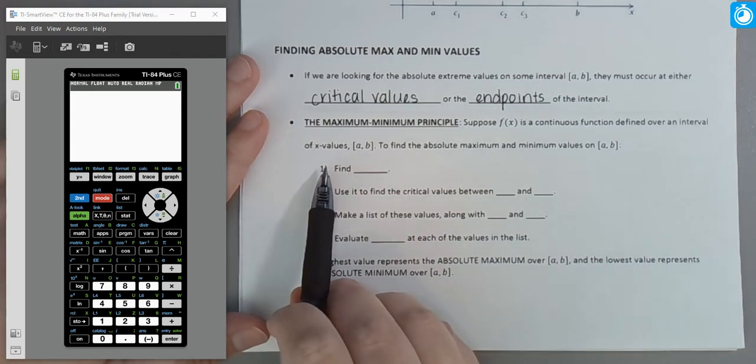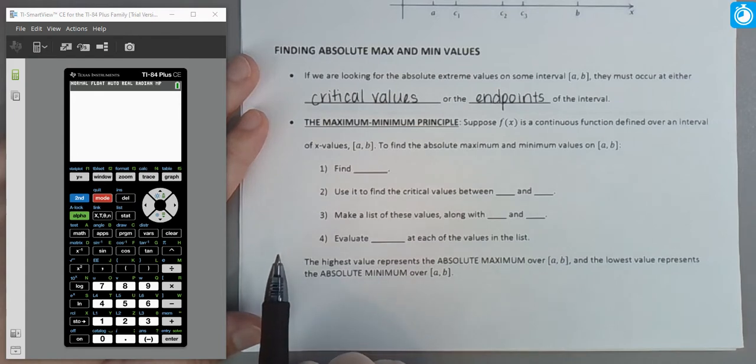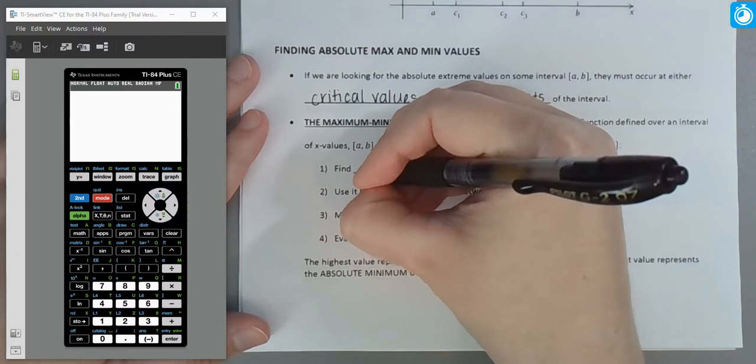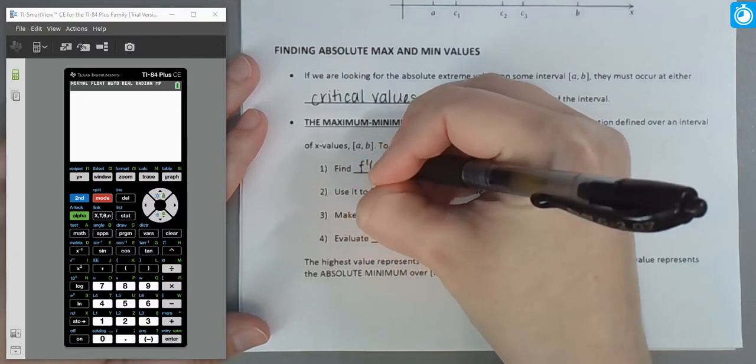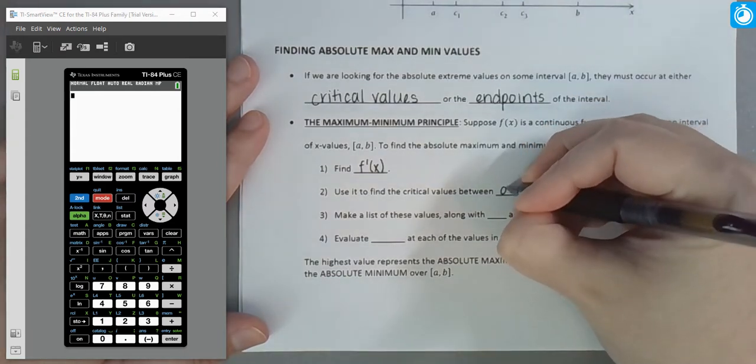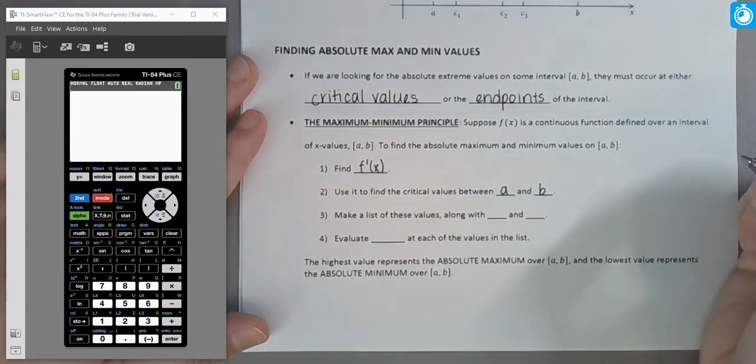So number 1, think first derivative test. Essentially, we're going to apply the first derivative test. Well, that always starts by finding the first derivative. So we want to start by finding f prime of x. Now we're going to use that derivative to find the critical values, specifically the critical values between a and b.